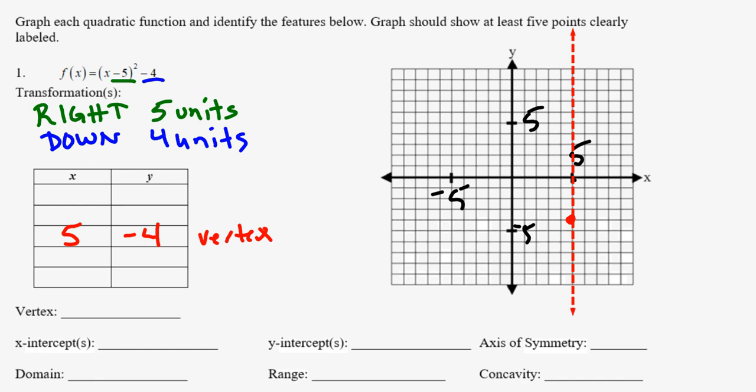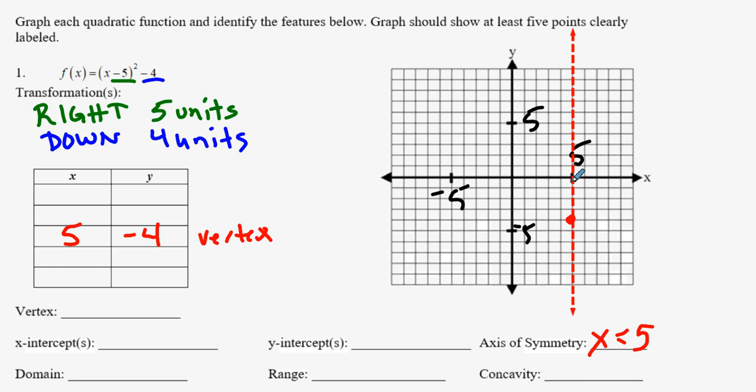Now, if you want to hold off on that and do it a little bit later, you can. It's up to you, but we've talked about these things before. And again, your axis of symmetry, the equation, we said is going to be x equals 5. So when we go to our table, we are going to build around 5.